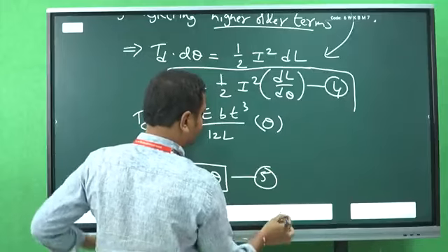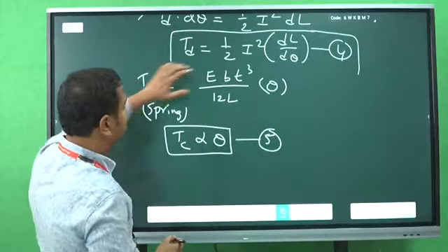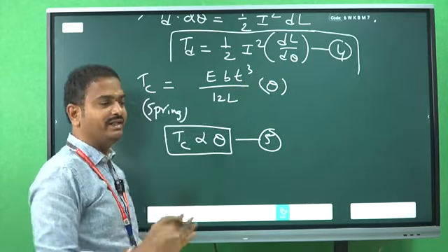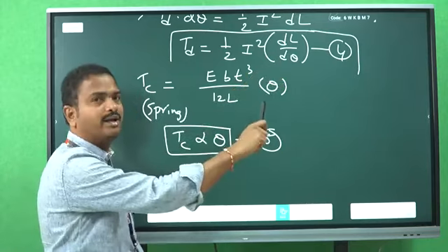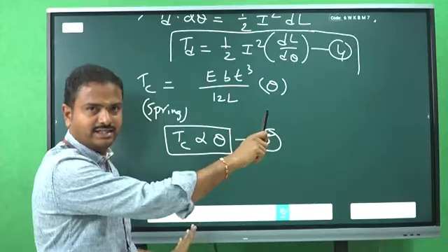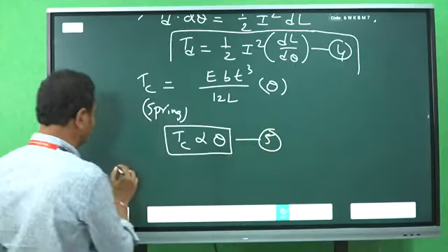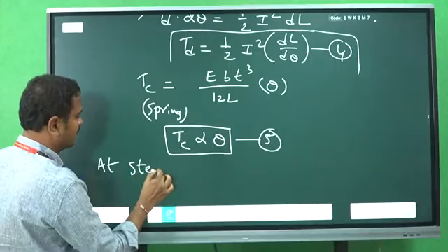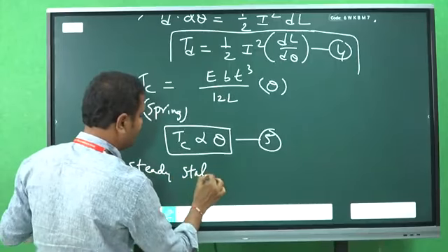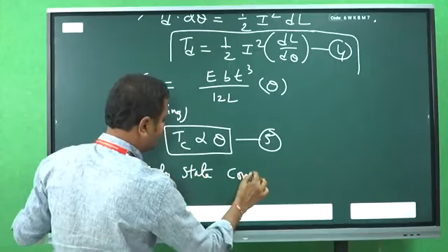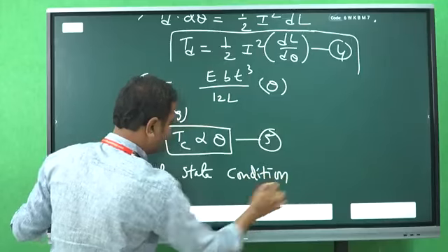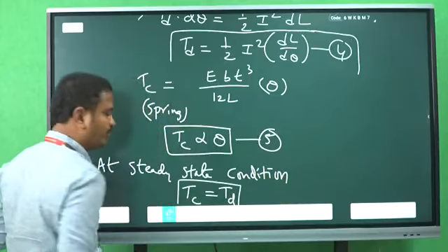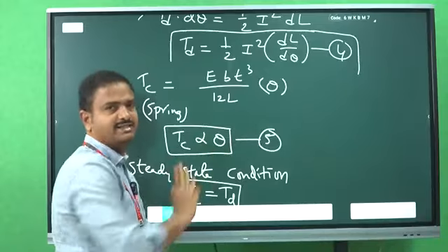That is equation 5. Whenever equation 4 and equation 5 are equal, at steady state or equilibrium, controlling torque equals deflecting torque, then only the pointer stops at the 4 amperes final reading.